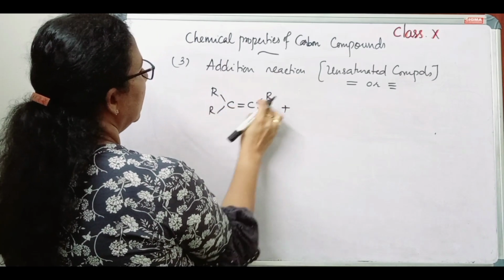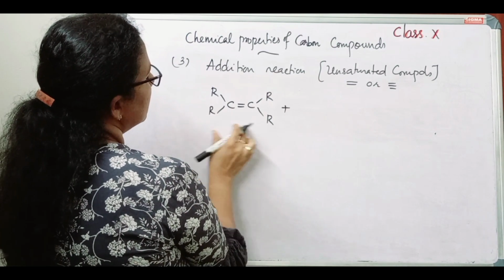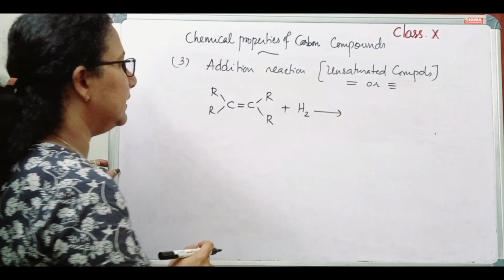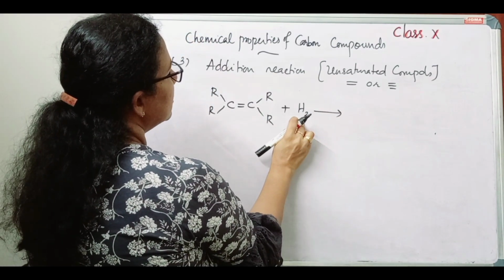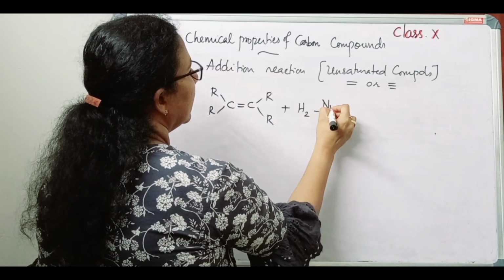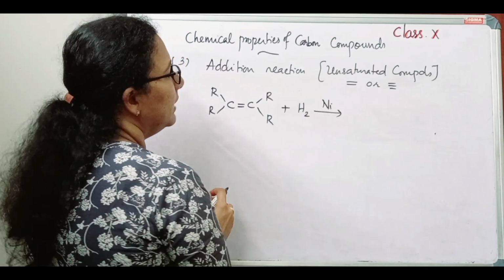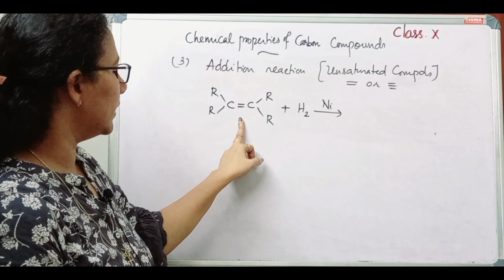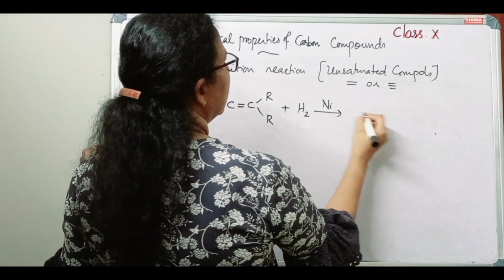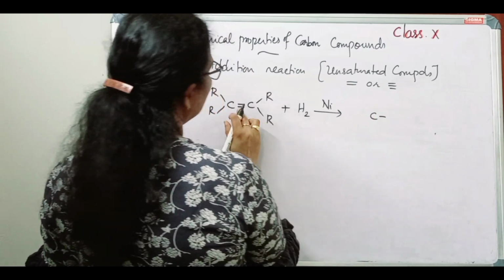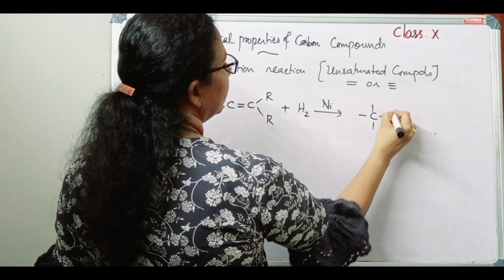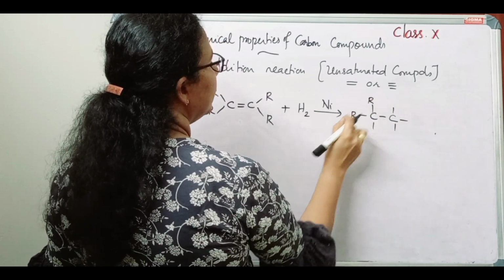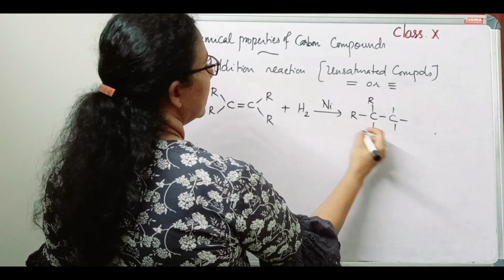On adding H2, that means addition of hydrogen, in presence of a catalyst like nickel, hydrogen will be added to this unsaturated compound. So we will get an addition product, that is the bond will open and we will get a saturated compound. The R part will be the same, and that may be different for different unsaturated compounds.